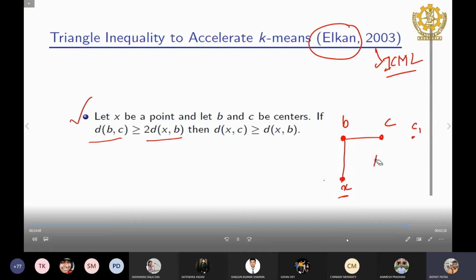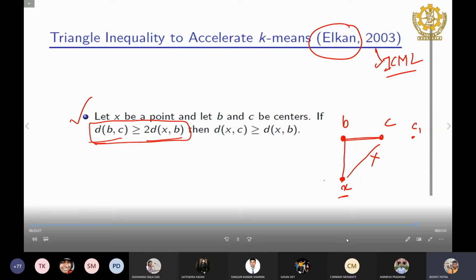So the key is: if the distance from B to C is greater than twice the distance from X to B, then there is no need to compute this distance, because it is greater than the distance from X to B. So the point X is closer to centroid B, and we can assign X to B. There is no need to compute the distance from X to C. We just compare this value, which is pre-computed, so this takes 1 unit of time. But if it is 1000 dimensions, you need 1000 units of time for the computation.